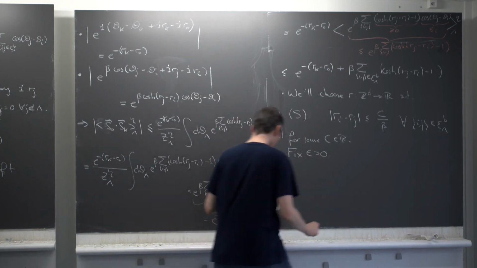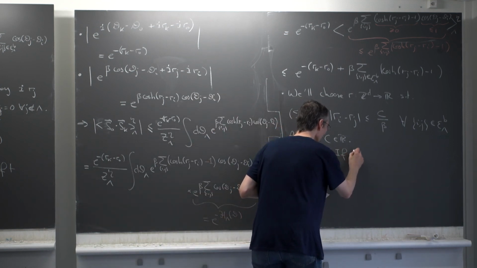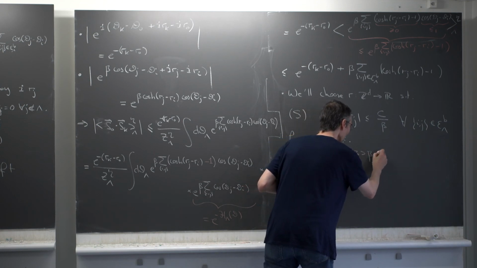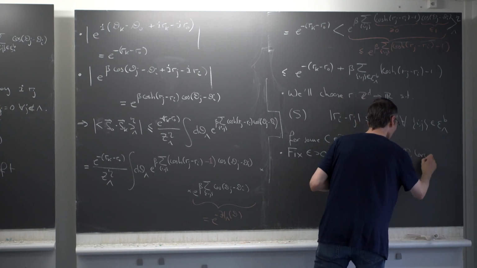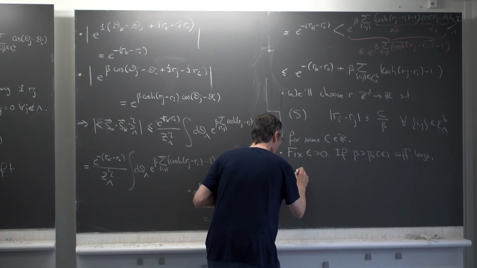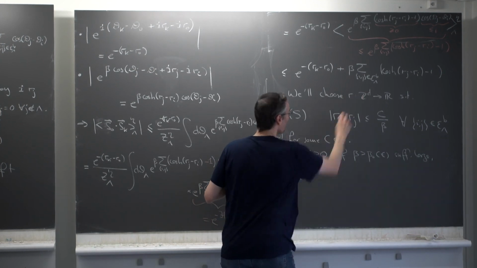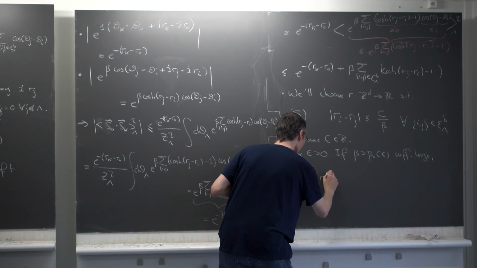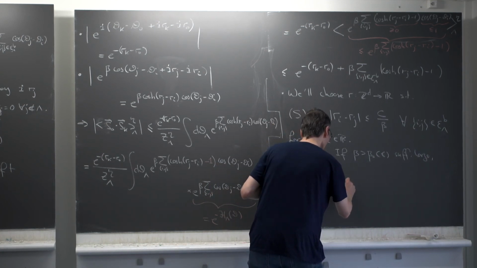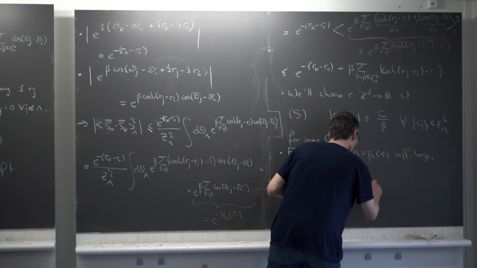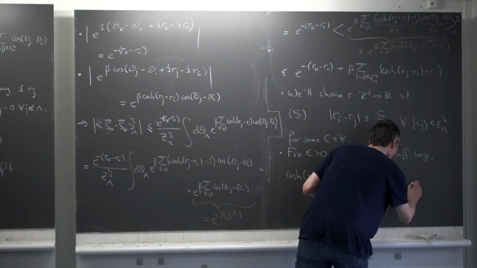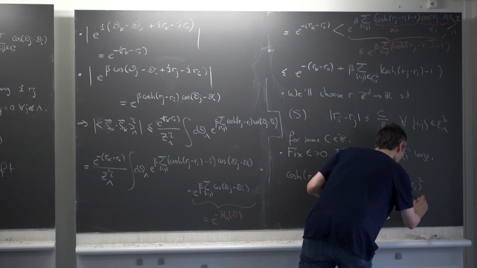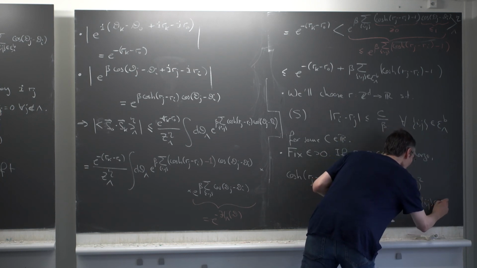Then if beta is sufficiently large, say larger than some beta_0 of epsilon, we get that cosh(R_j - R_i) minus 1 will be smaller than (1+ε)/2 times (R_j - R_i) squared. I put 1 plus epsilon to take into account the error terms. And this is true for any ij in E_Λ.